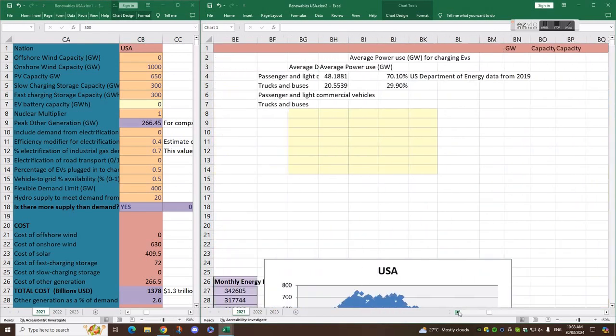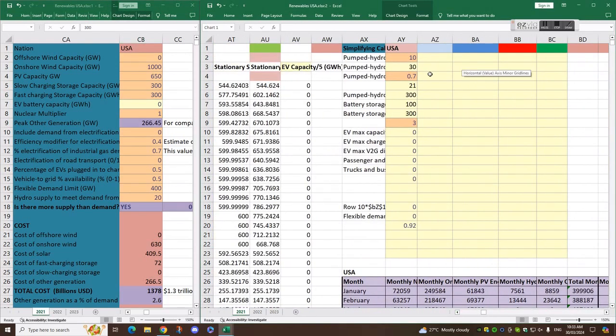If you go to the left over here, these are the durations of the storage. So you can change the minimum duration of the storage of the pumped hydro here. You can change it from 10 hours to 15 hours. This is in hours. And as you change it, that will change its peak power capacity, the maximum amount of power it can output.